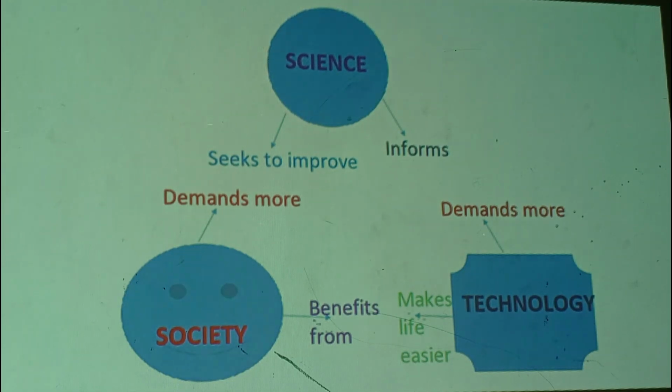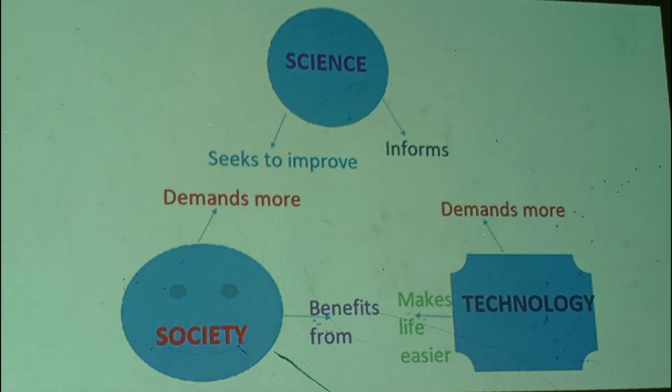We benefit from technology, the application in physics, chemistry, and biology. Society demands more from science, and society benefits from technology. Technology itself still demands more from science. Science is the giver, the donor.